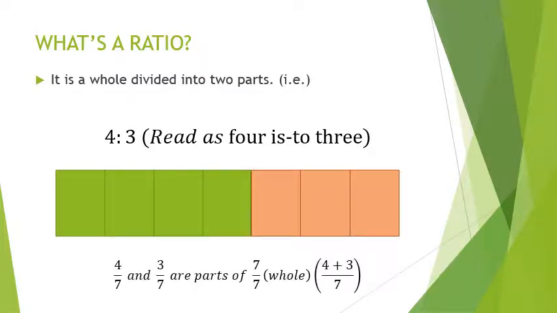This tells us that it is divided into 4 parts and 3 parts, which all add up to 7 parts, which is 7/7 or 1, which is a whole. So as the definition suggests, a ratio is a whole divided into 2 parts, and unlike a fraction, it is 2 fractions.